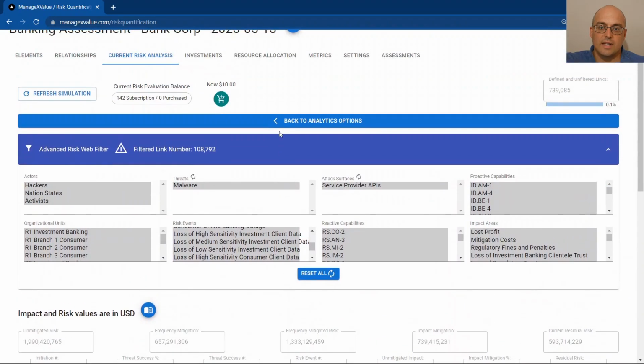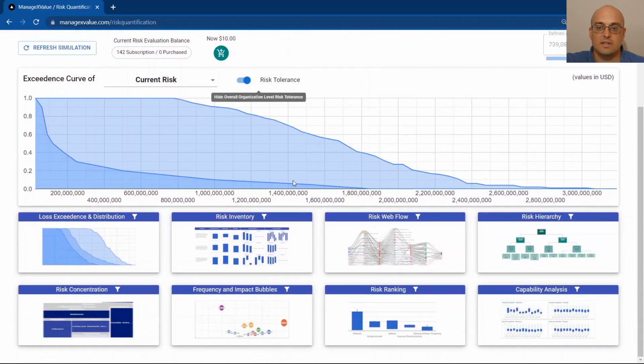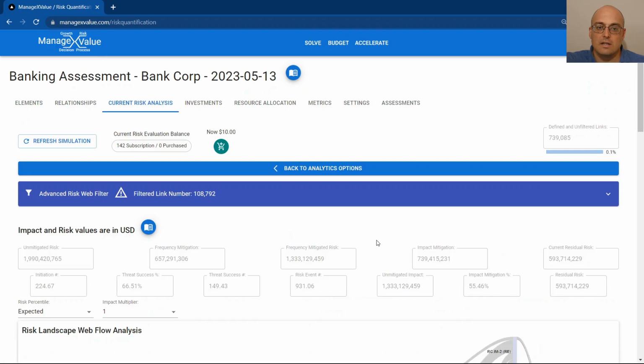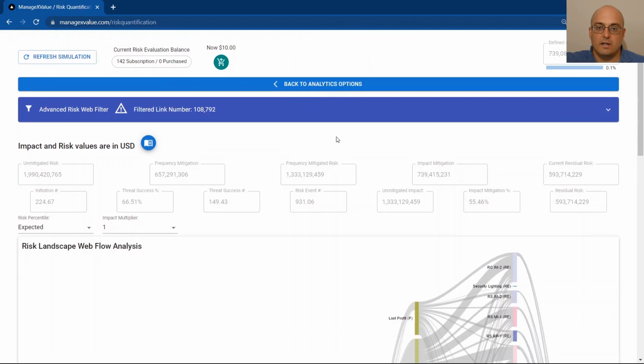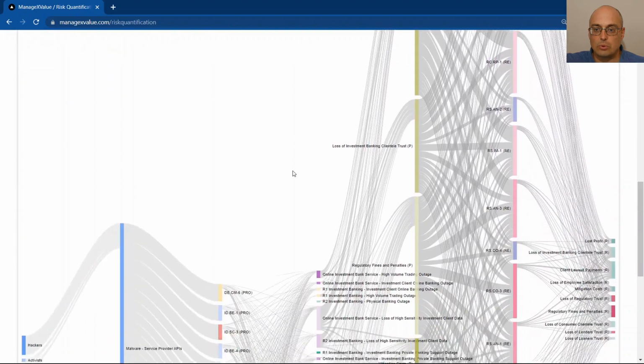But let's understand better what really drives this result, that malware through the service provider APIs is really important.